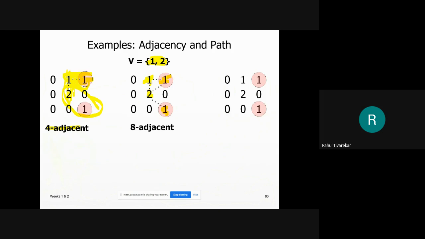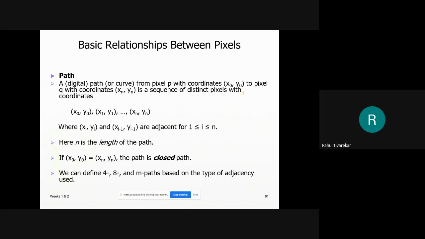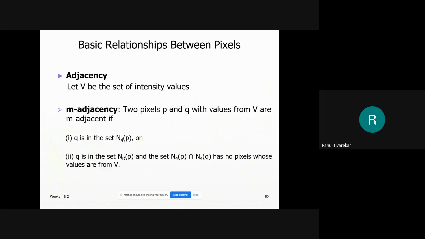For 8 adjacency we have here to here, then here to here, then here to here, and here to here. These all are 8 adjacencies. For M adjacency, from here to here, remember the rule. M adjacency says that there is a priority. First, you look for the fourth neighbor.